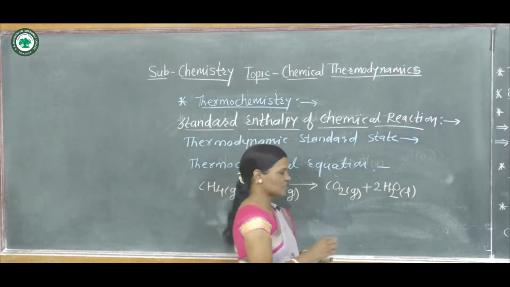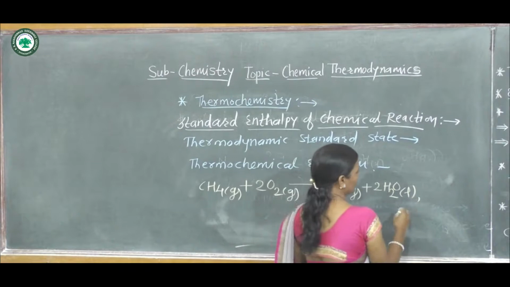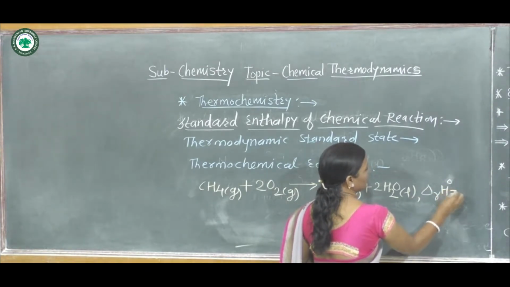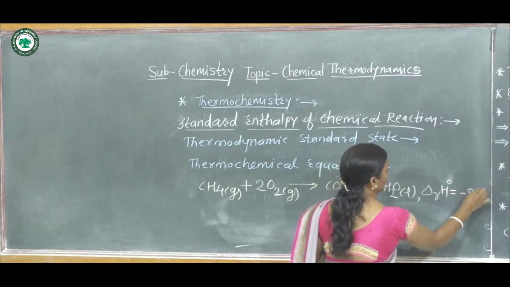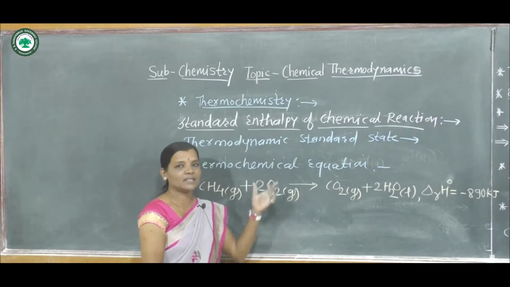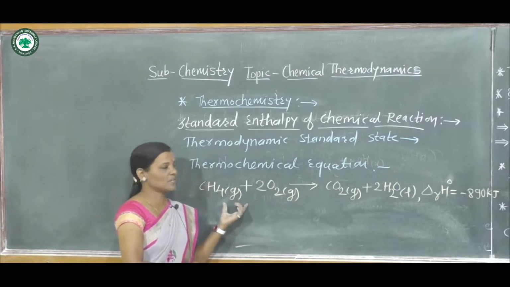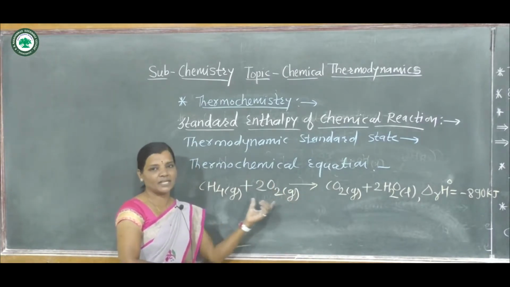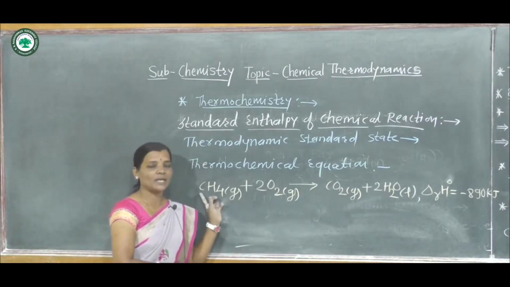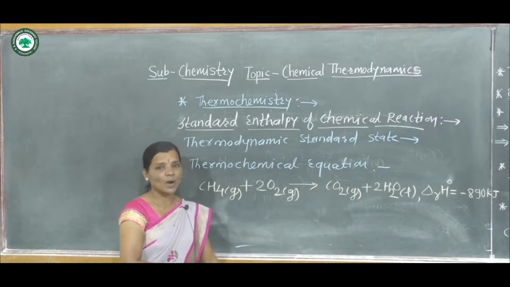Now, for this reaction, the enthalpy of chemical reaction is given by delta R H degree equal to minus 890 kilojoule. This is a thermochemical equation, because it is balanced with respect to the coefficients of every reactant and product.